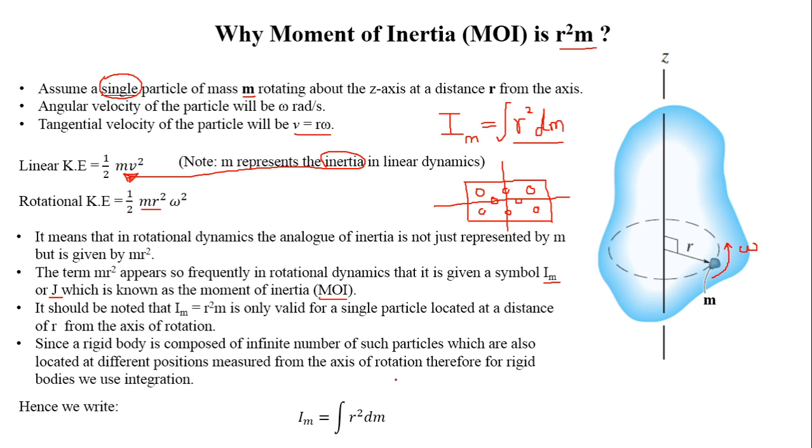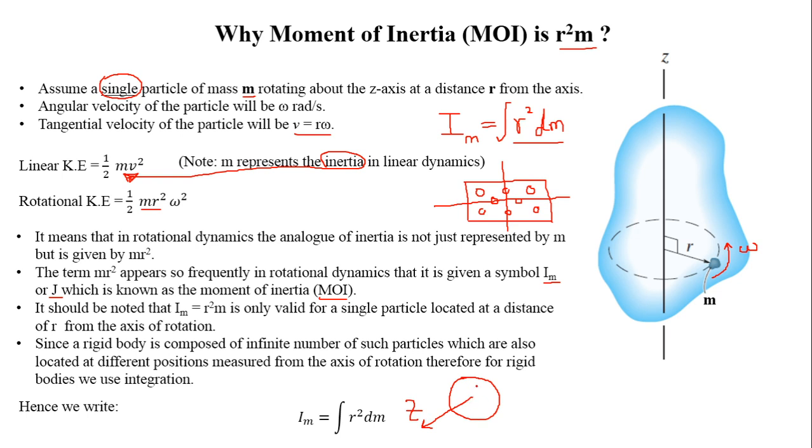We have to make sure that this r remains approximately the same for the entire element, meaning the mass should be located at almost a fixed distance. For example, consider a circular disk, and we are calculating the moment of inertia about the axis perpendicular to its plane and passing through its center.